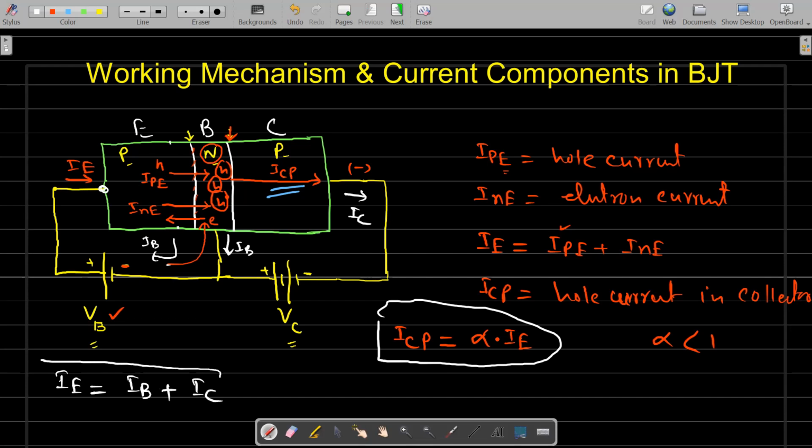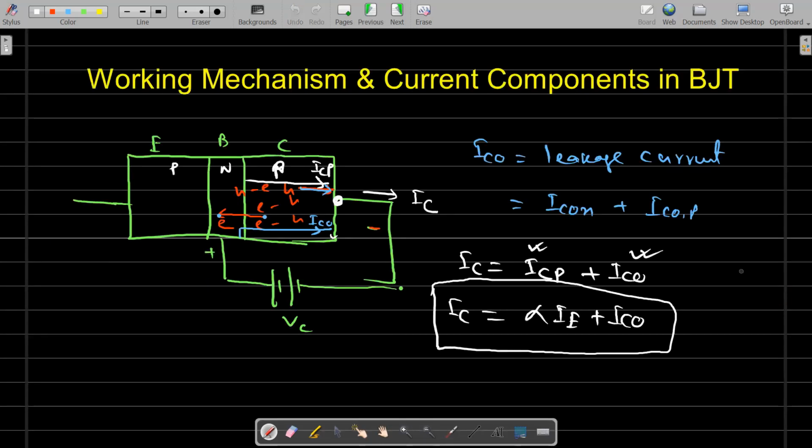So emitter current is equal to base current plus collector current. This is the relation between the three terminal currents of a BJT. The base current is due to recombination; we lose a few holes due to recombination, and the rest of the holes are finally collected in the collector terminal. So of course, IE will be equal to IC plus IB. I think it's clear.